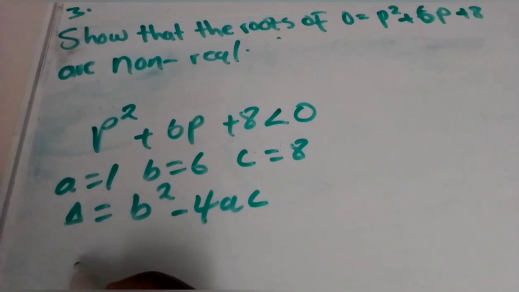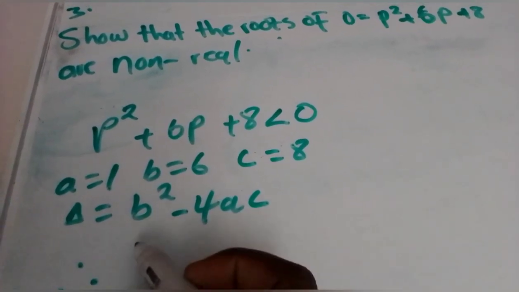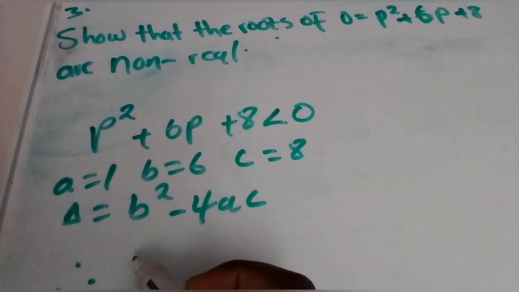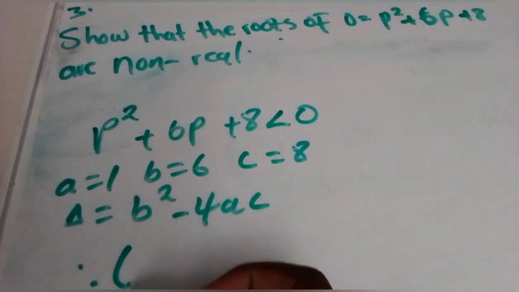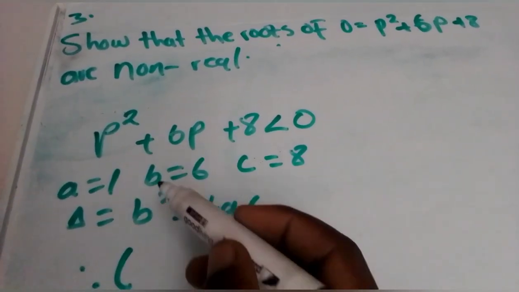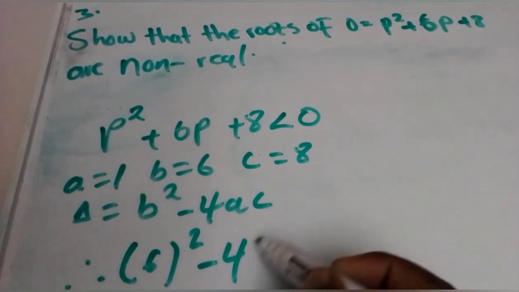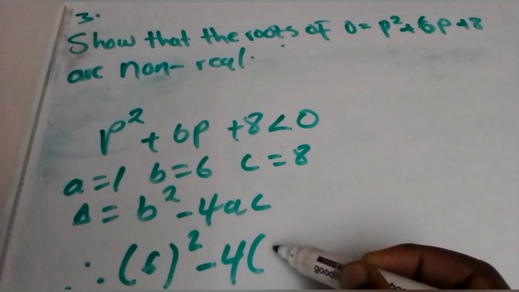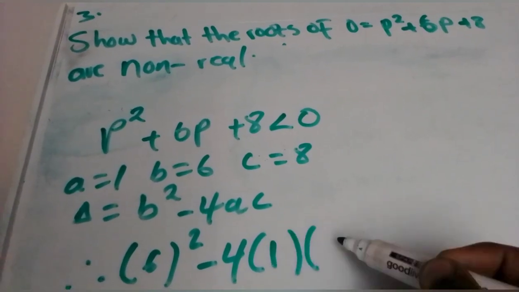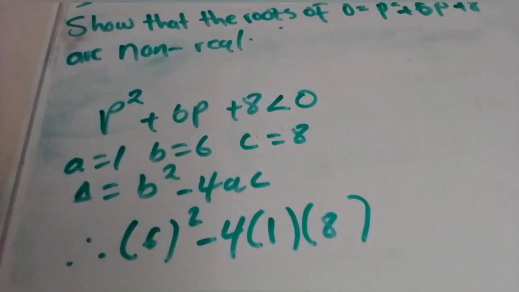Remember, we take them as they are with their sign. As it is positive 6, we take that positive 6. If it was negative, it would be negative 6. So minus 4, the value of a is 1, the value of c is positive 8.